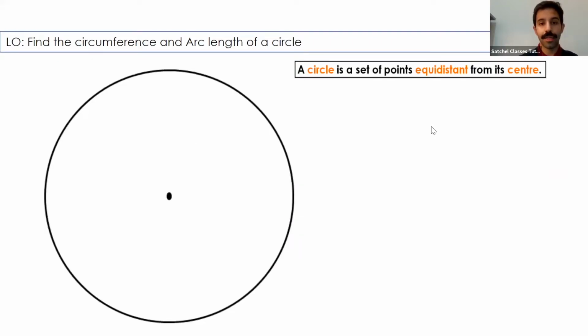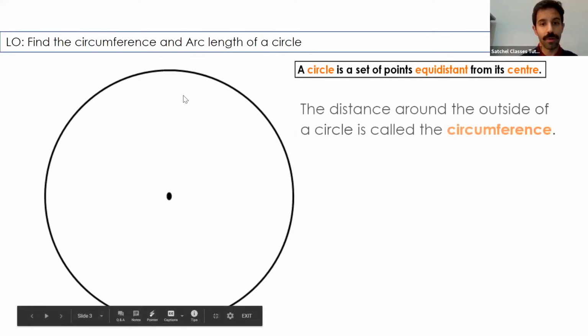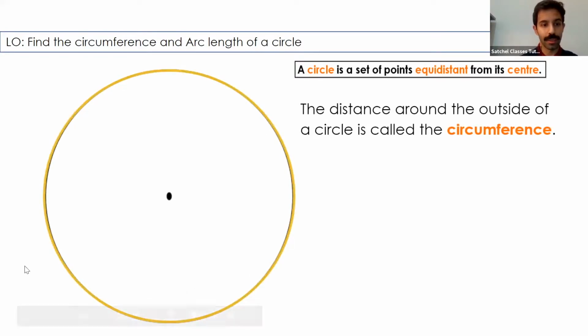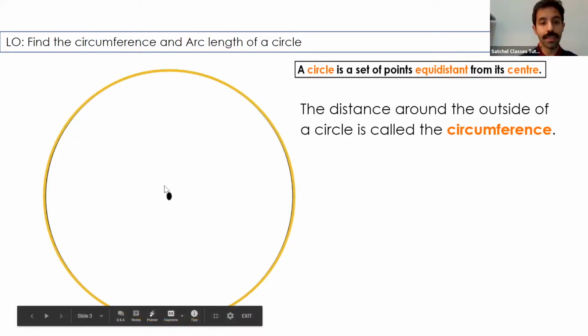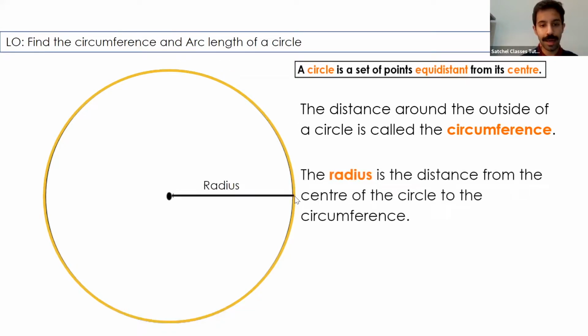So let's talk about the different parts of a circle. The distance around a circle is called the circumference. So this orange line here is the circumference of the circle. The distance from the center to the circumference is the radius, and that would be a radius. Now I can have a radius again from here all the way out to here.